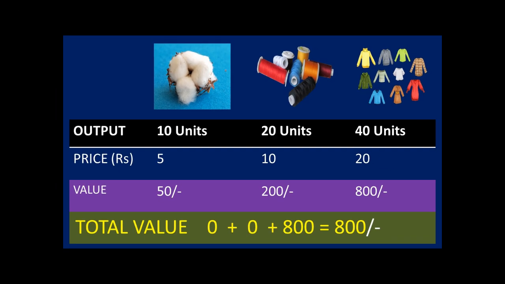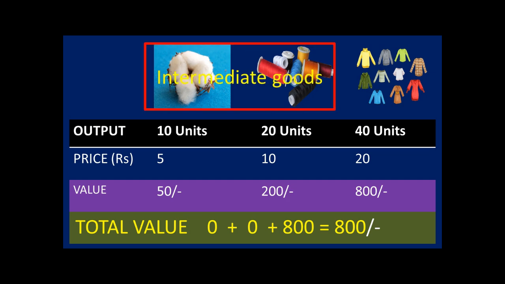Now here in this case, cotton and thread are the intermediate goods. Intermediate goods are the products which are used as inputs of some other products. So here the clothes are the final products, means that the value of the clothes is taken into consideration of GDP.